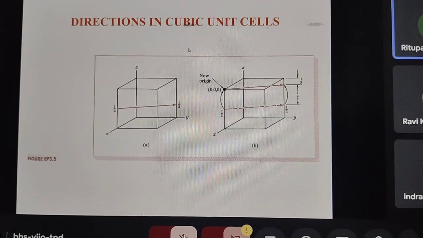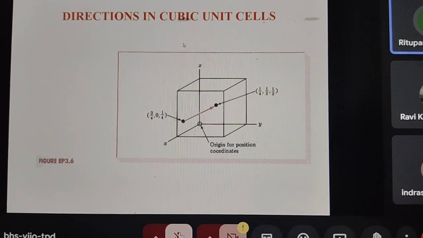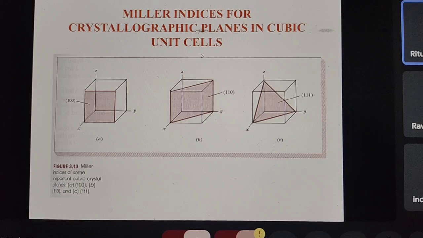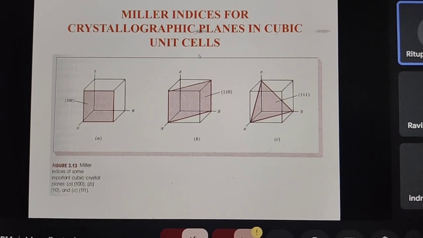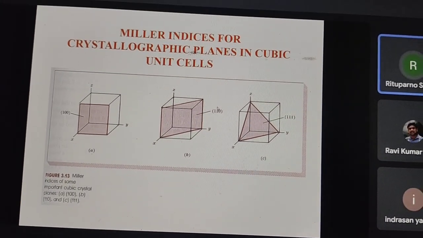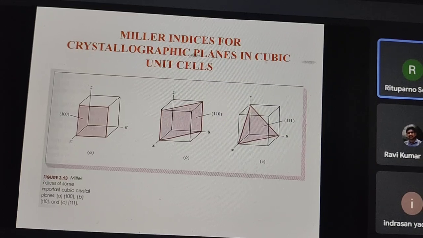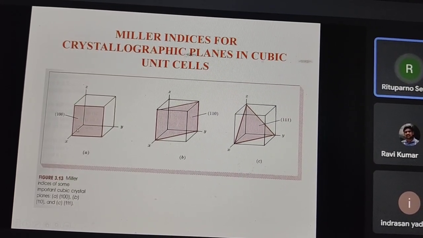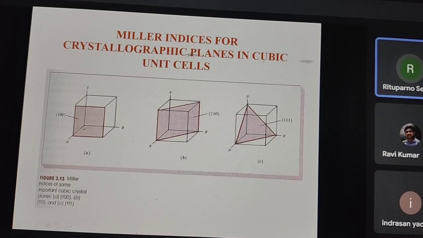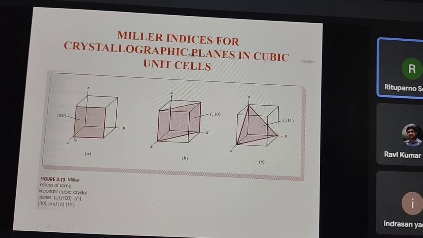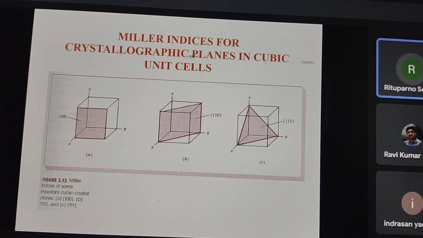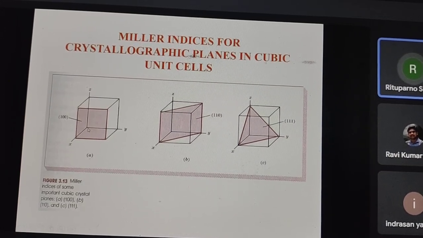So now these are some planes and directions. These are midway calculations. Now for the plane, this was for the direction. Now this is for the plane. What is for a plane? This is again from the midpoint 0, that is the origin. You moved a distance 1. Now from the origin again, you are not moving anywhere.